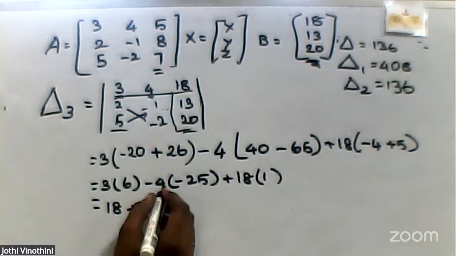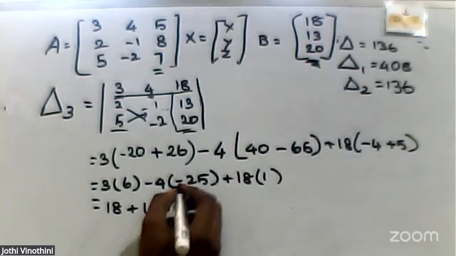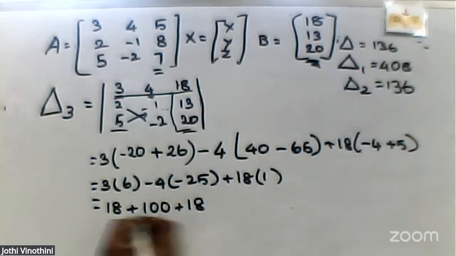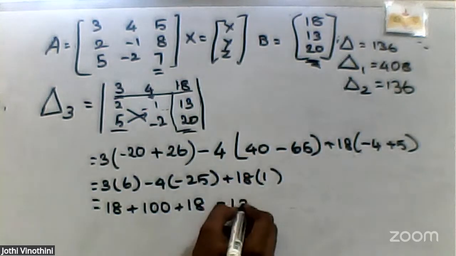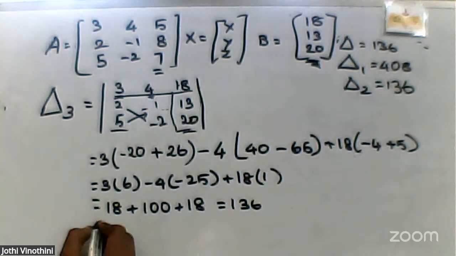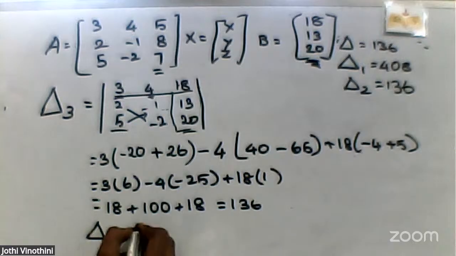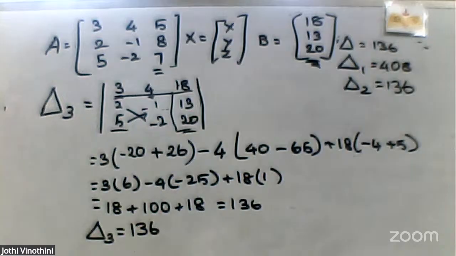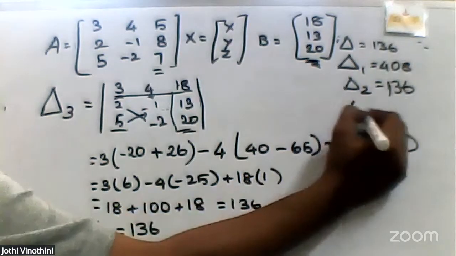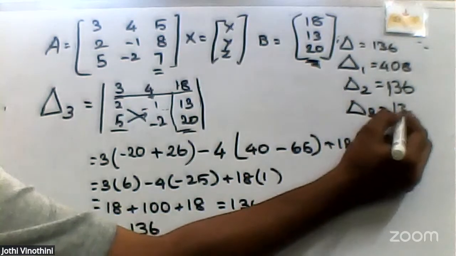Minus into minus plus 4 into 25 is 100, plus 18. So 18 plus 18 is 36. 36 plus 100 is 136. Now we find the value of del 3, which is 136. Del 3 equals 136.